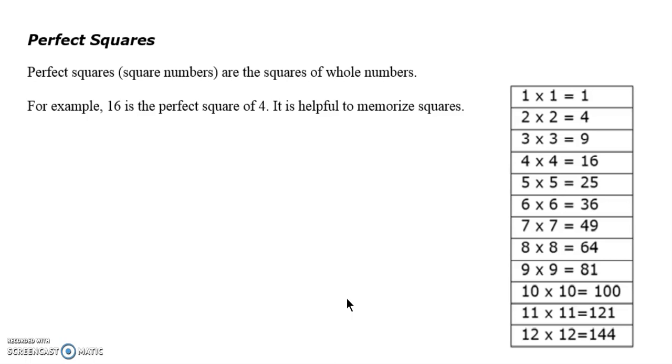We typically will know the perfect squares more easily than some of our other multiplication facts. Even some of the higher ones we might memorize, like 10 times 10 is 100, 11 times 11 is 121, and 12 times 12 is 144. We may not know what 12 times 13 is, but the perfect squares somehow stick a little bit better.